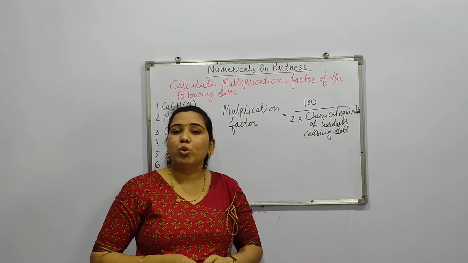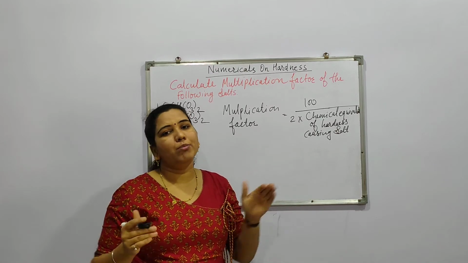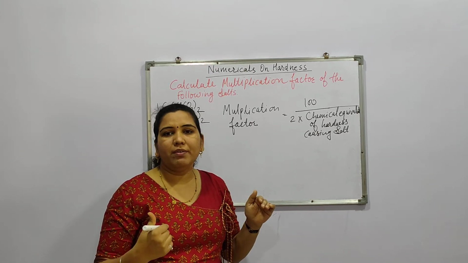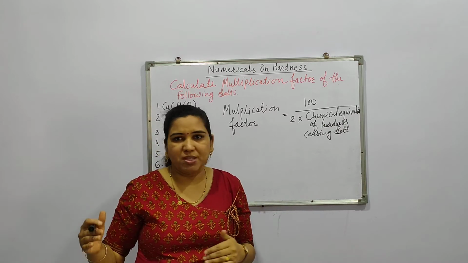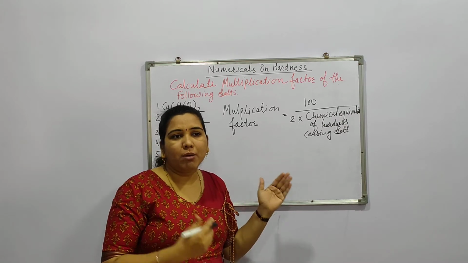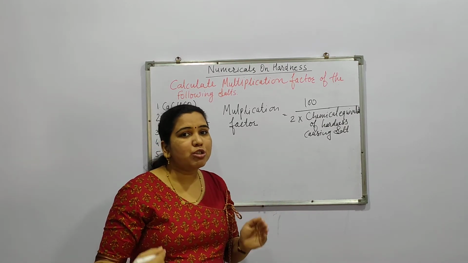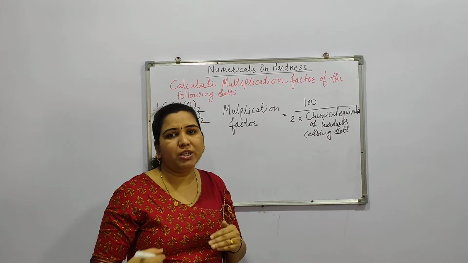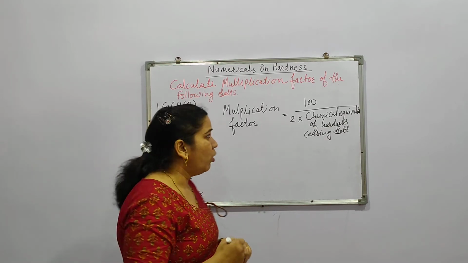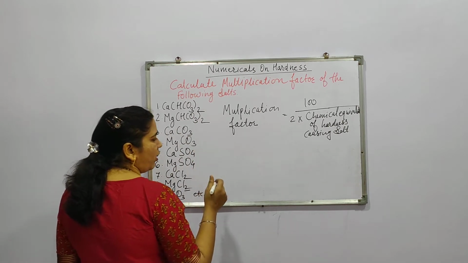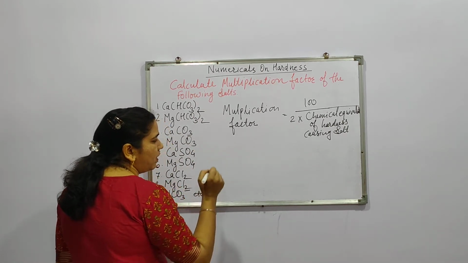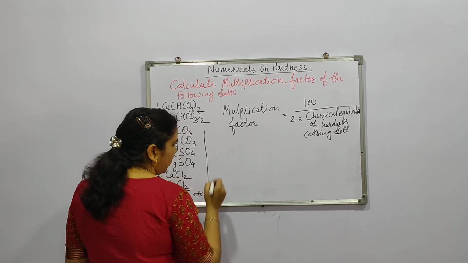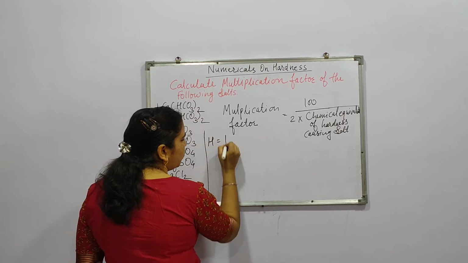Equivalent weight, we know, is calculated from the molecular weight, and molecular weight is the weight of the different atoms present in the molecule. So it comes after the atomic weight. First of all we should know the atomic weights of the different types of atoms. For our convenience, I will write the atomic weights here. The atomic weight of hydrogen is 1.